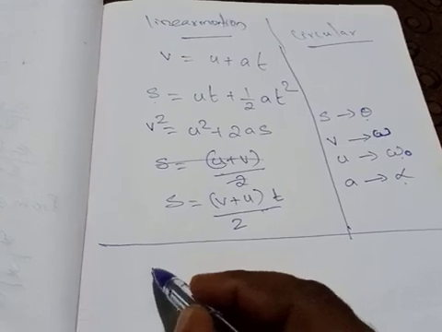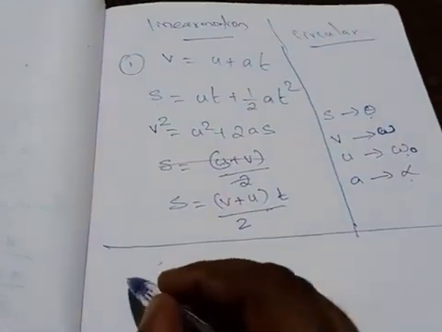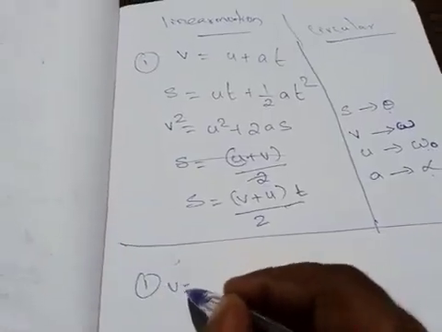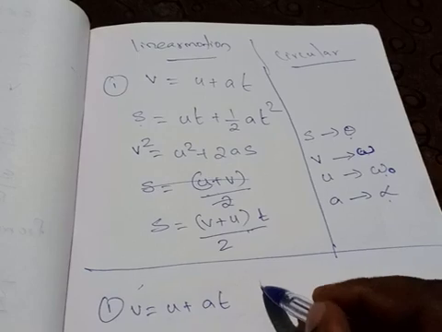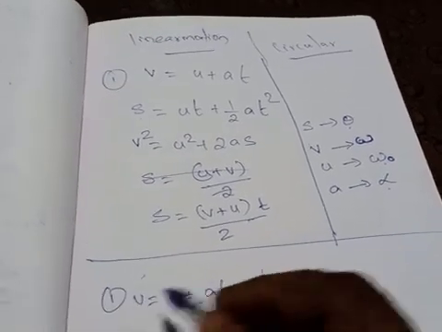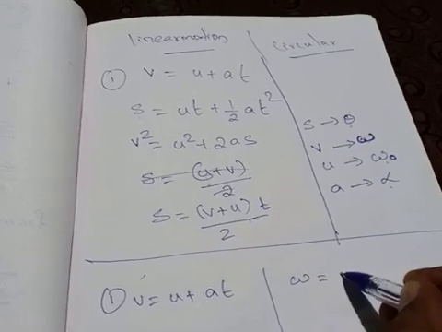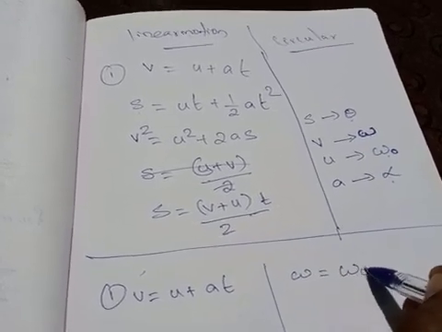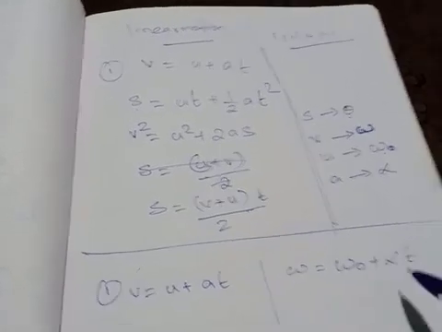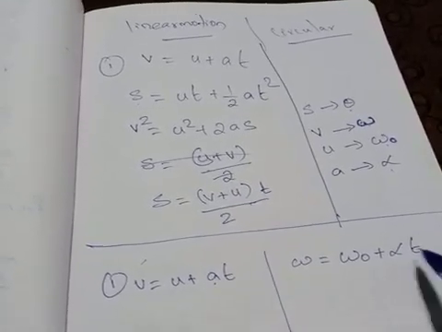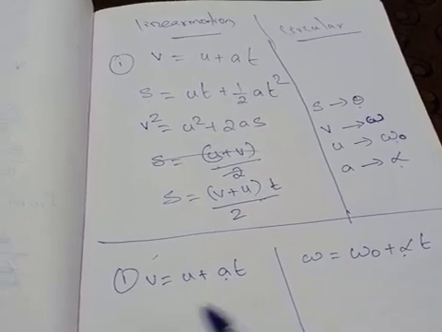V means omega. So the first equation, V equal to U plus AT, in circular motion becomes omega equal to omega 0 plus alpha t. Instead of A we use alpha, angular acceleration, and t as it is.